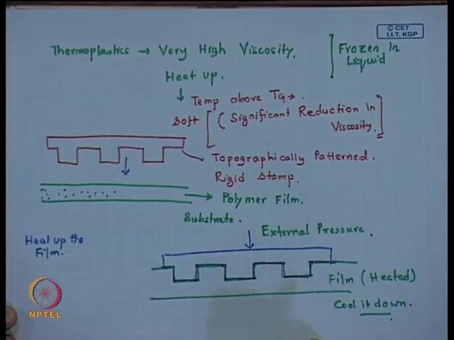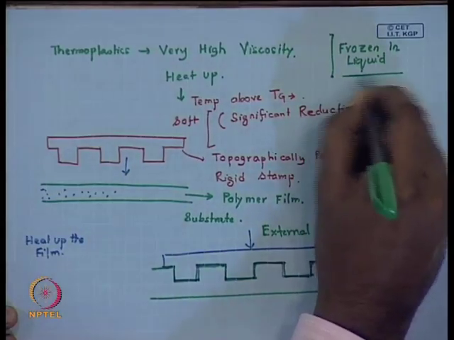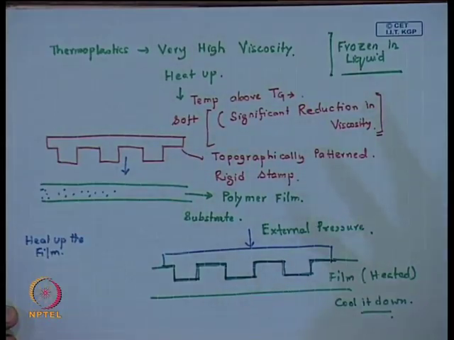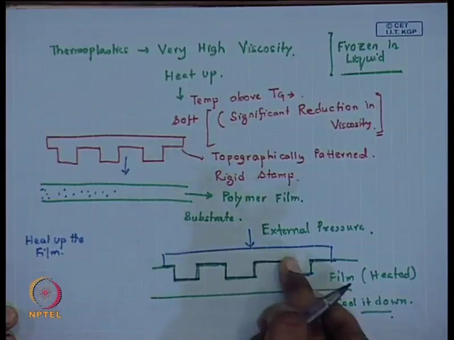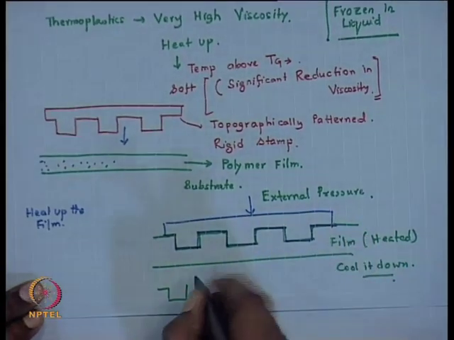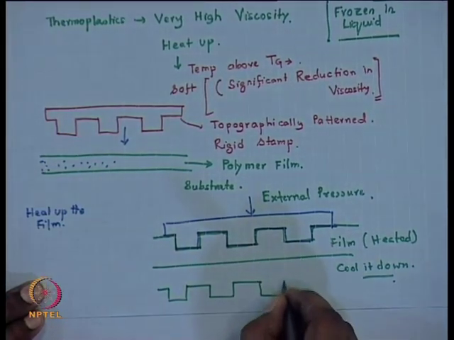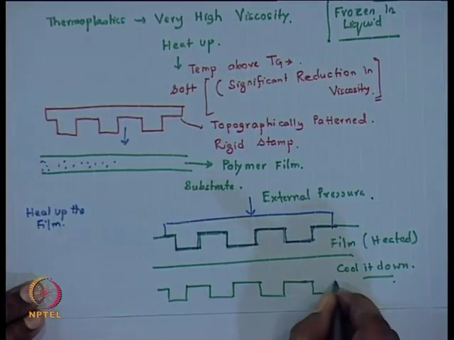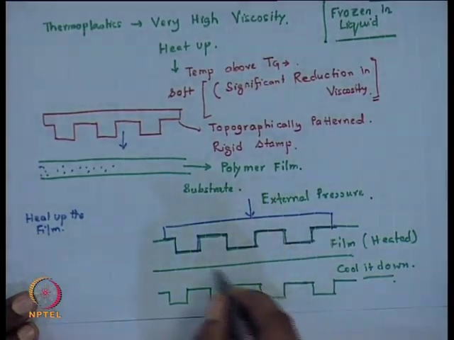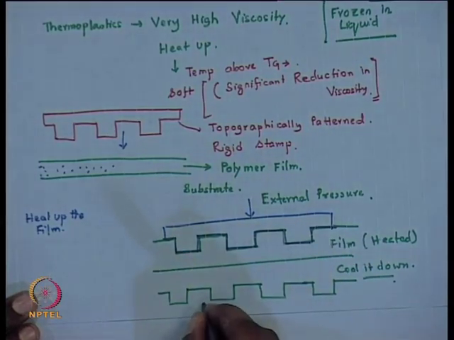So, as you cool it down, the liquid again goes back to its frozen-in state with higher viscosity, but now since the stamp is still there, the frozen-in liquid does not have a flat top surface, but it replicates a negative replica of the mold pattern on its surface.